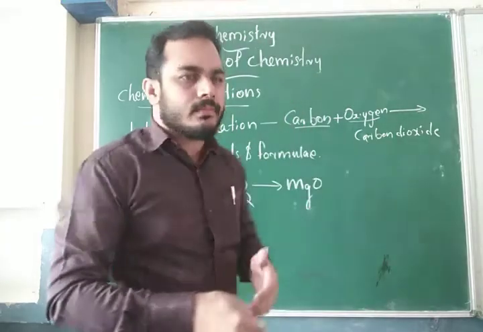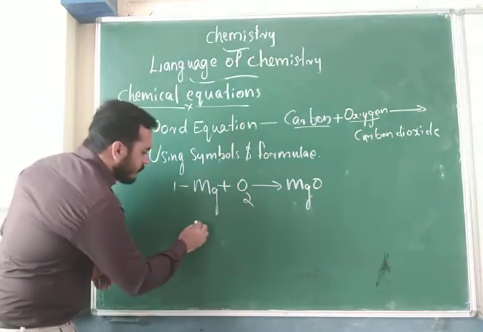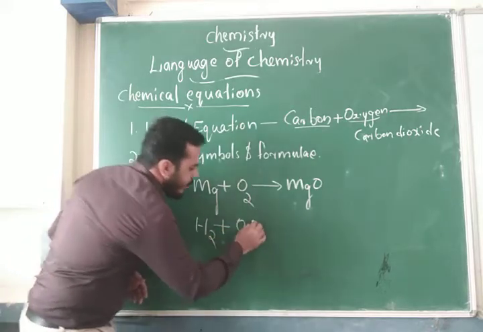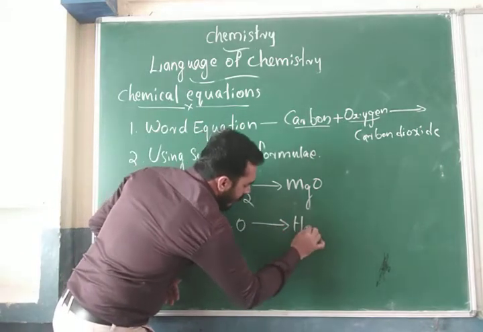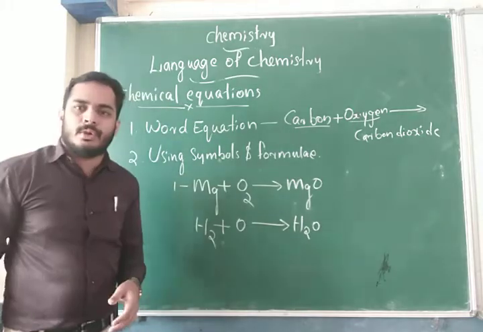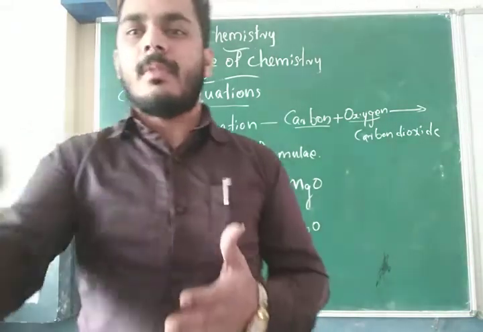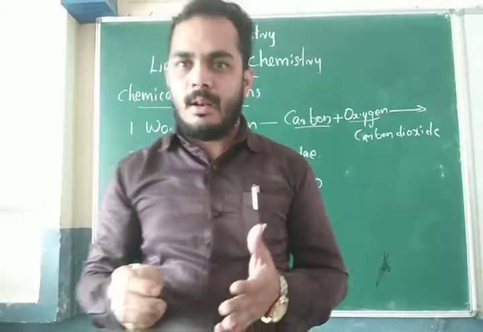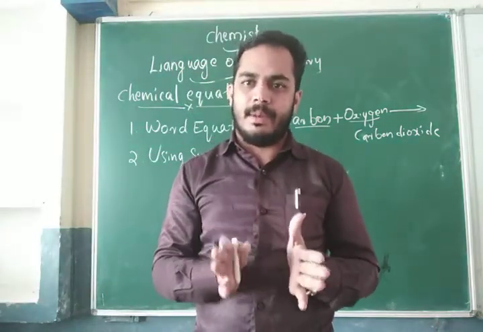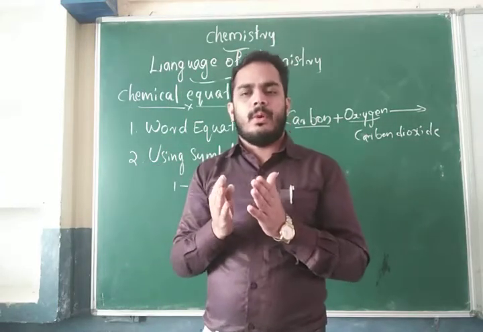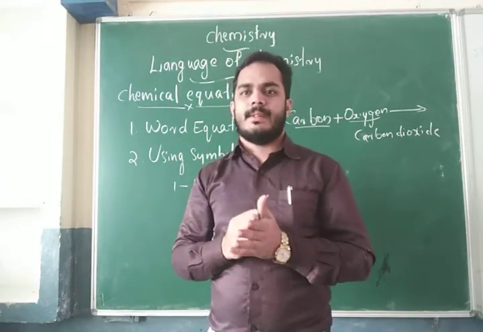And the next one: hydrogen reacts with oxygen to form water. It is also another example of a chemical formula or symbols. And I will give you a few more chemical equations.